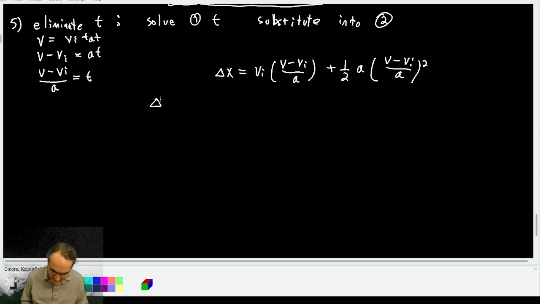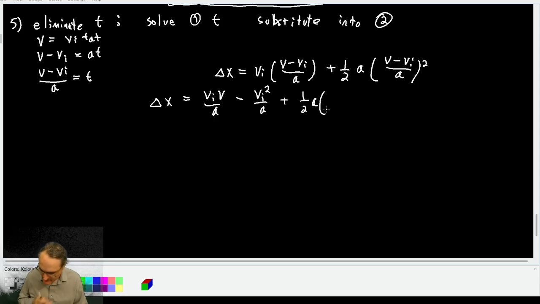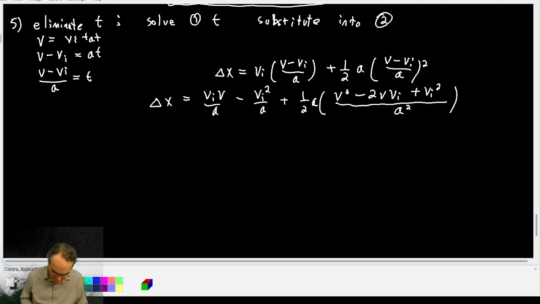Alright, I'm going to give myself a little more space in the next line. We'll distribute the vi across here, so vi v over a minus vi squared over a plus 1/2 a. Let's square this whole thing out. So we'll have v squared minus 2 v vi plus vi squared, all over acceleration squared. Now we can cancel one of those accelerations.